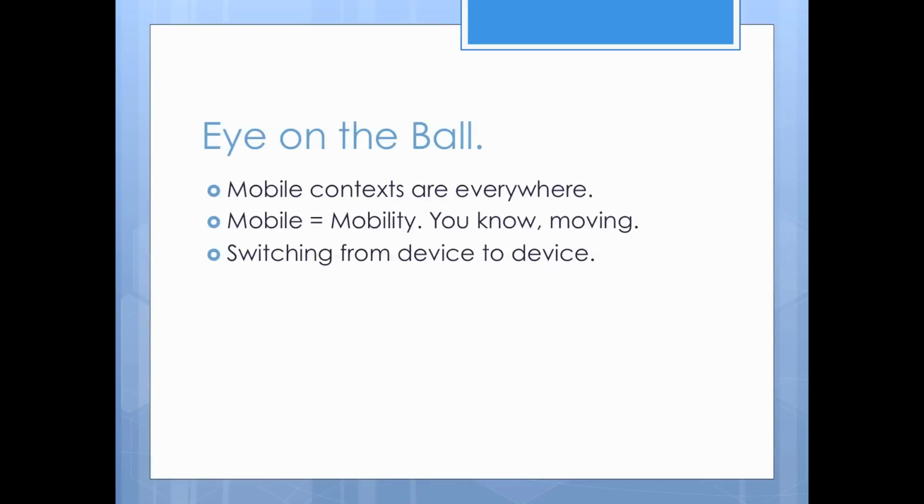Keeping your eye on the ball, this is just from a design perspective. You have to think about the fact that you're not in the PC context. Someone's not going to be sitting in the office. Maybe they are, but you don't know. They could be anywhere. And then also the fact that they could be moving. They might be driving down the road even though they're not supposed to be. Think about that. Your app could be involved in an accident. So if you don't make it glanceable, who knows, maybe you're causing an accident.